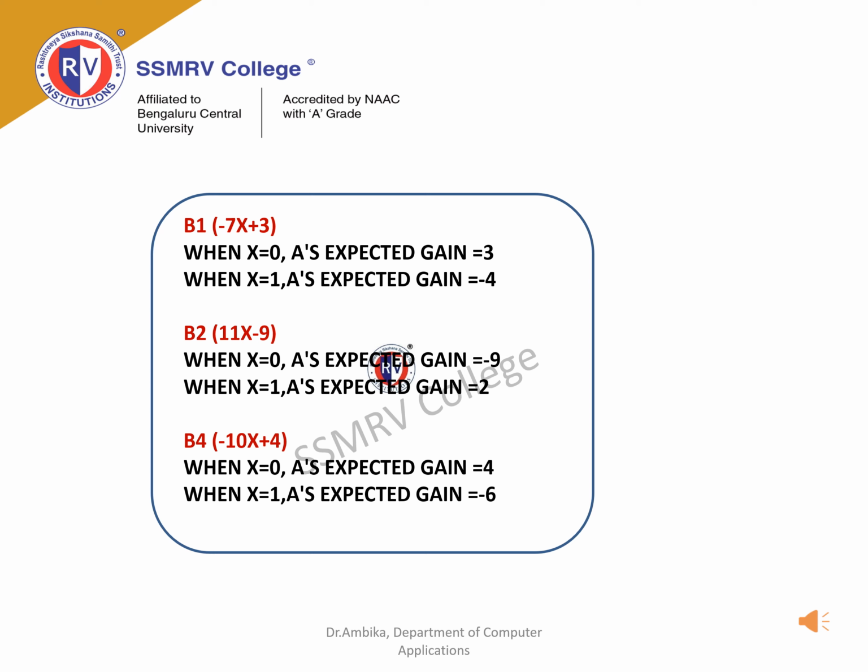So when B1 is minus 7x plus 3, you will get the value of A to be 3 and minus 4. When B2 is 11x minus 9, we get A to be minus 9 and 2, and when B4 is minus 10x plus 4, we arrive at A to be 4 and minus 6.